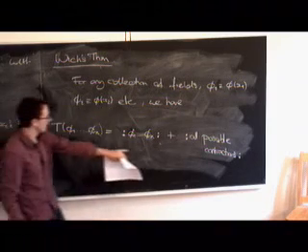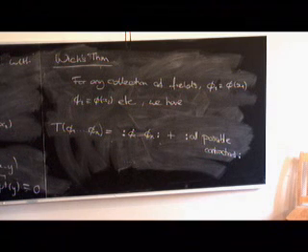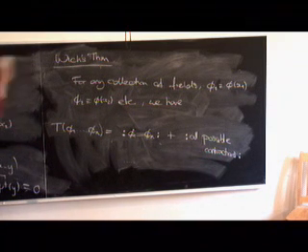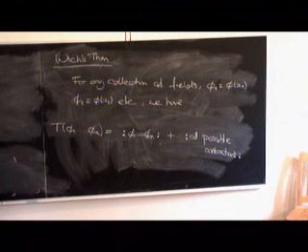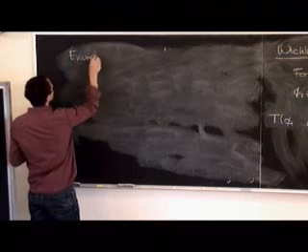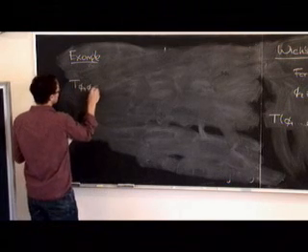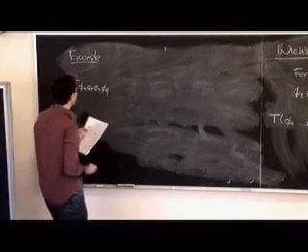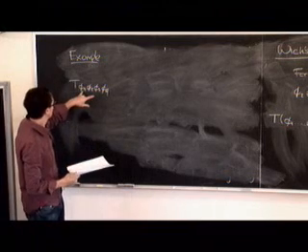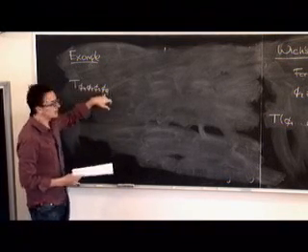So this is probably a little bit ambiguous, so I'll give you an example to clarify what this means. Take an operator that's a string of 4 of the same fields evaluated at 4 different points.